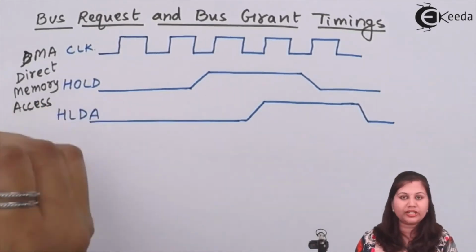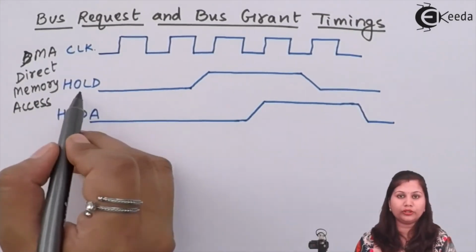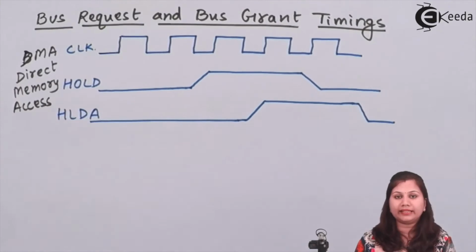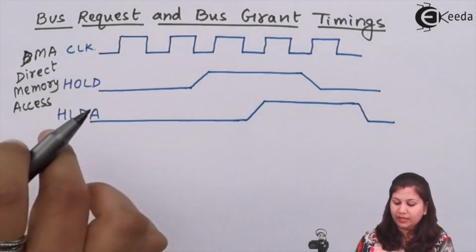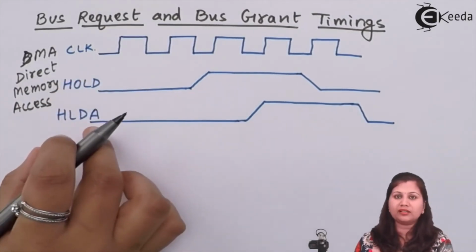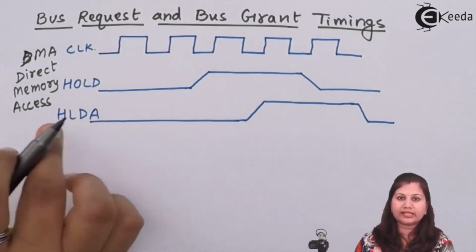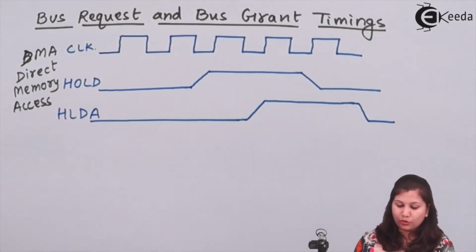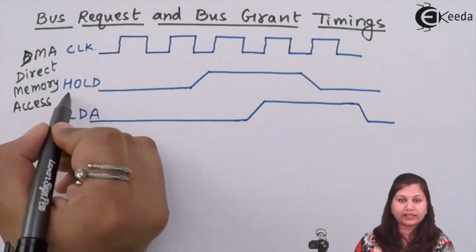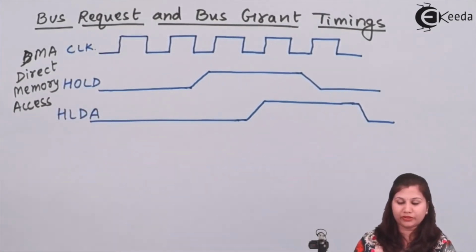So this controller is going to send the signal hold to the microprocessor, and in response to this hold signal, the microprocessor is going to send the hold acknowledge, that is the HLDA signal. This hold signal is checked by the microprocessor at every leading edge of the clock pulse.